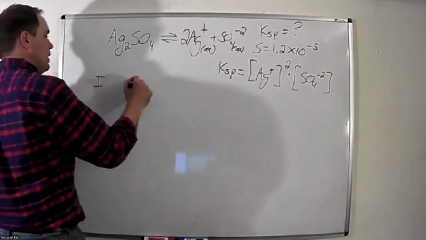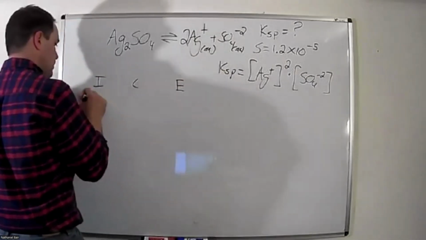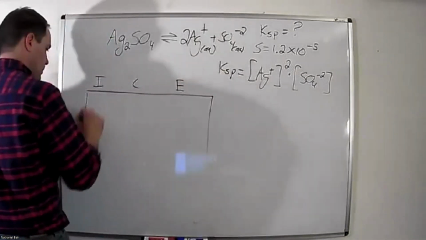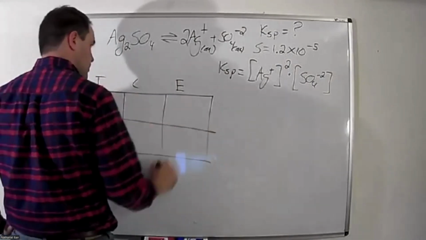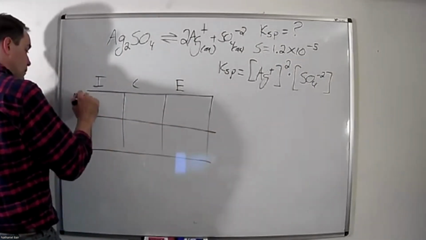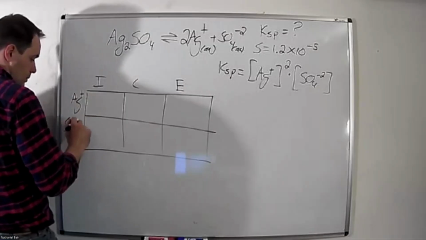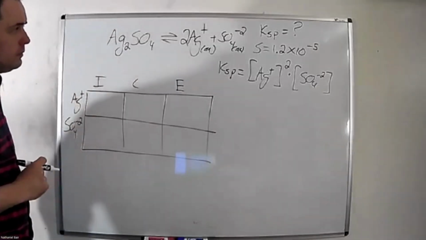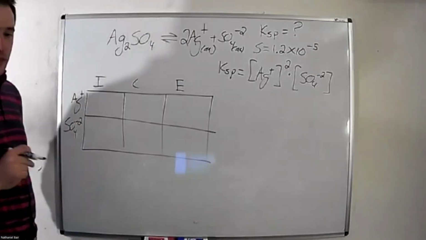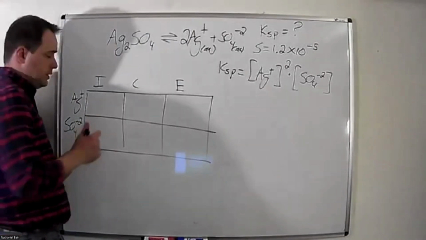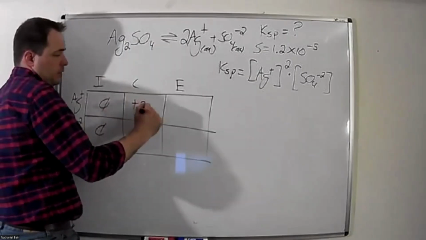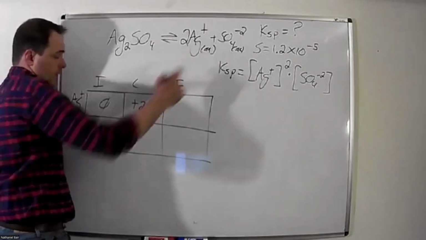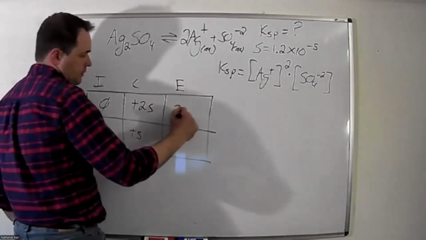And now we can make our ice table. Now the initial amount of silver sulfate, this was in distilled water, 0. The silver goes up by 2S, and the sulfate just goes up by S.